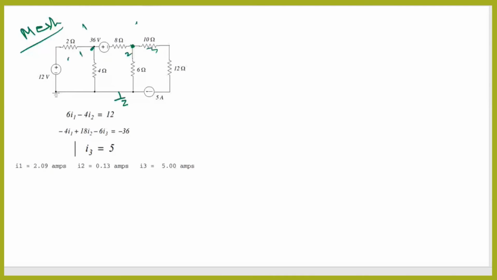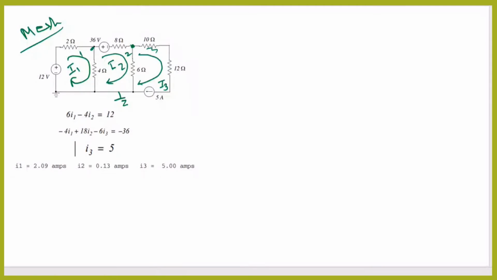If there are 3 loops, what you have to do? You have to assume 3 currents, right? This is suppose say I1, and this is suppose say I2, and this is suppose say I3. Somebody in the class, can you tell me the equations for loop 1?